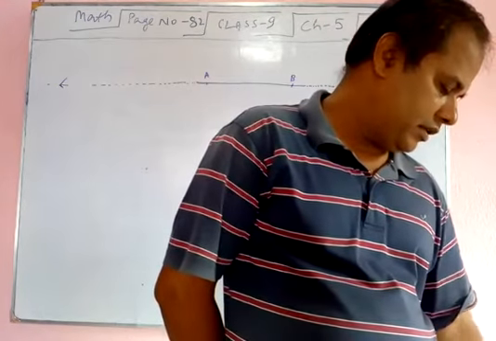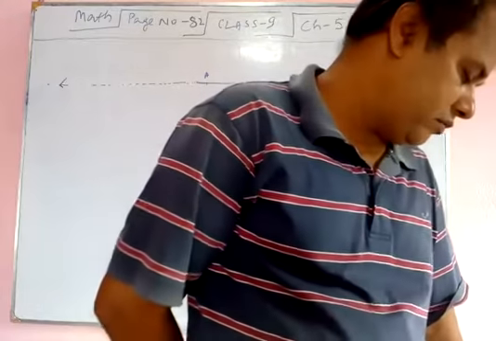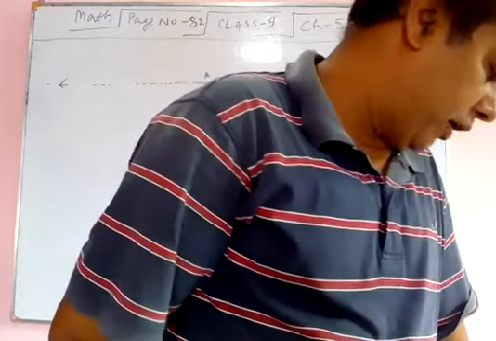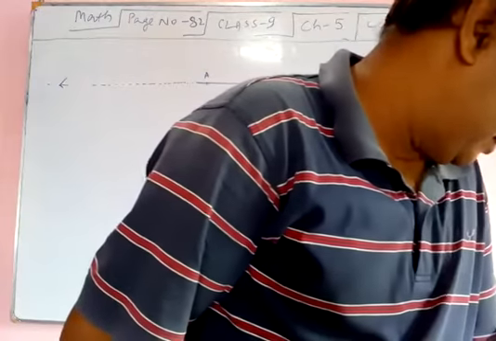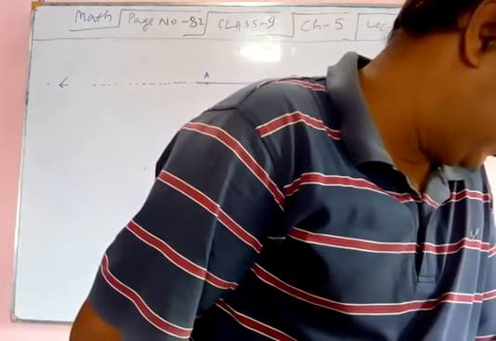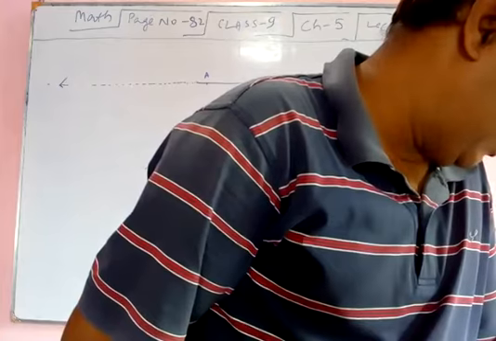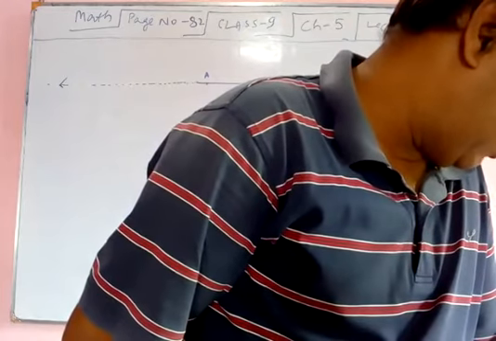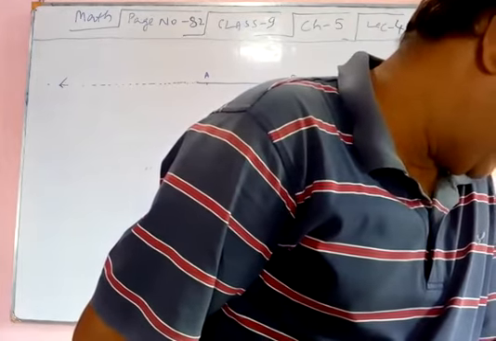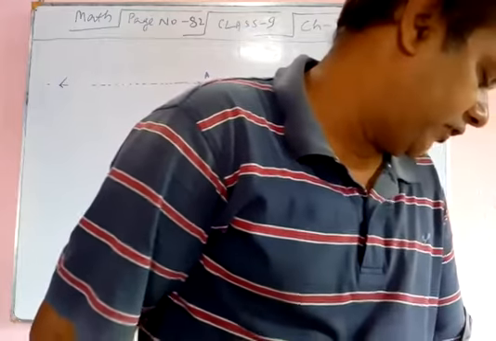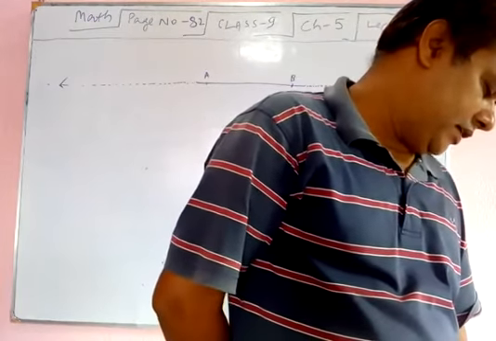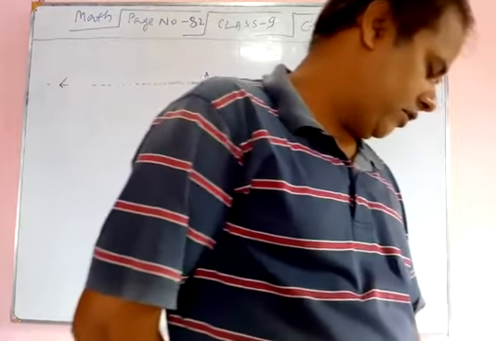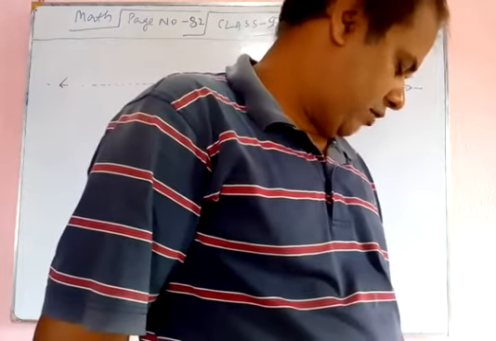For example, the line PQ in the figure 5.6 falls on lines AB and CD such that the sum of the interior angles 1 and 2 is less than 180 on the left side of PQ. Therefore, the lines AB and CD will eventually intersect on the left side of PQ.